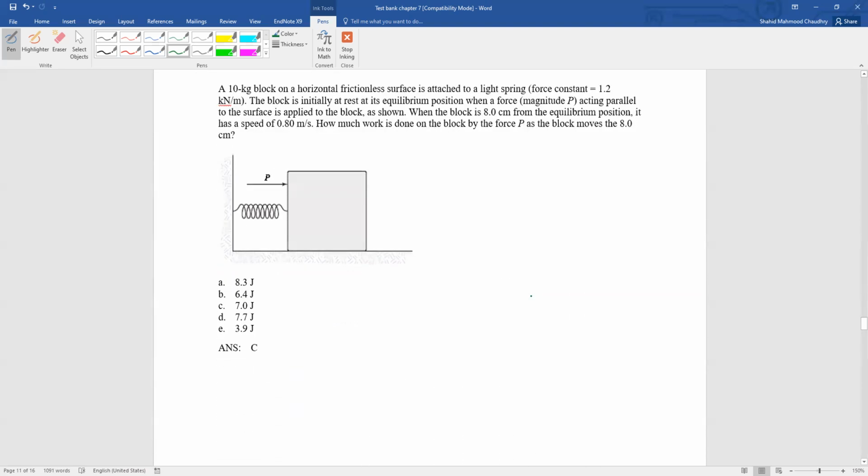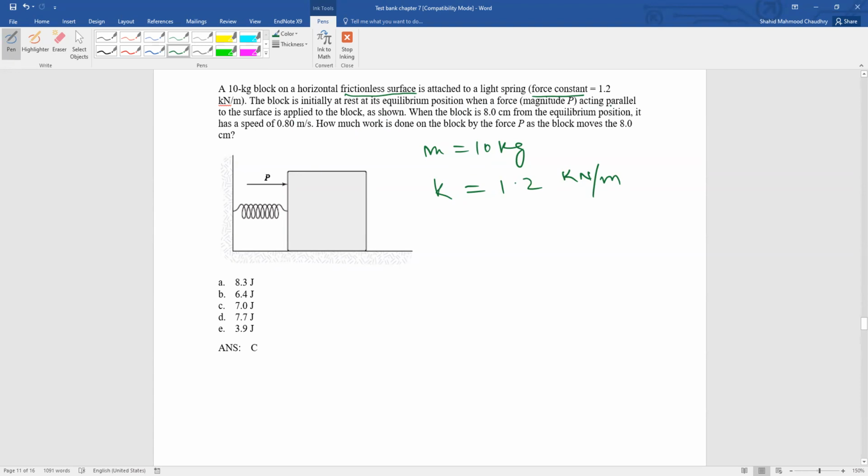This is the spring mass system. So in the spring mass system, a block of mass M equal to 10 kg, this is given, is on a horizontal frictionless surface attached to a light spring of force constant K, value 1.2 kilonewton per meter. The block is initially at rest, which means its initial velocity is 0.